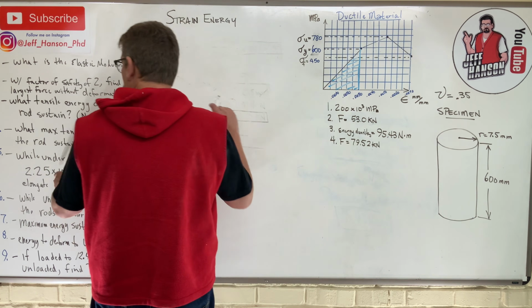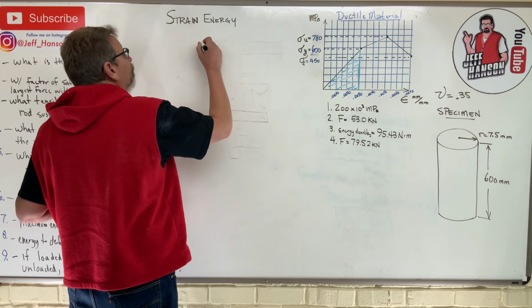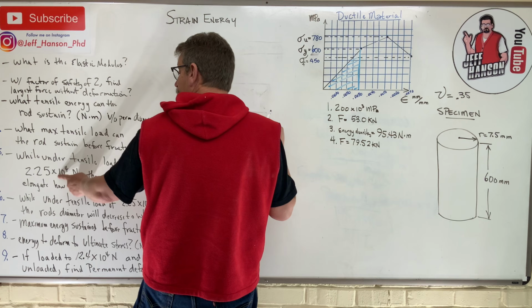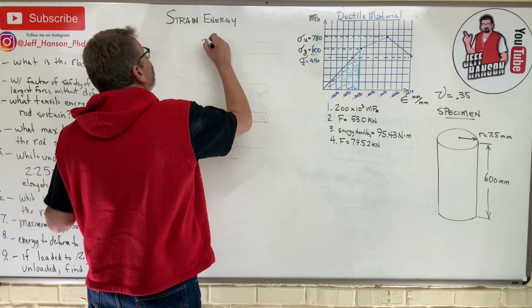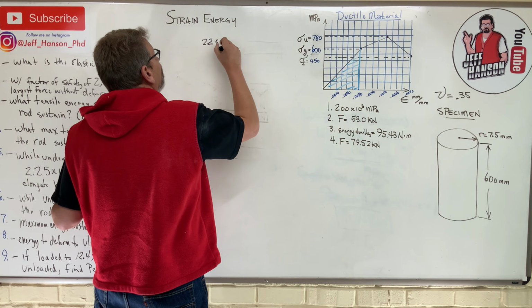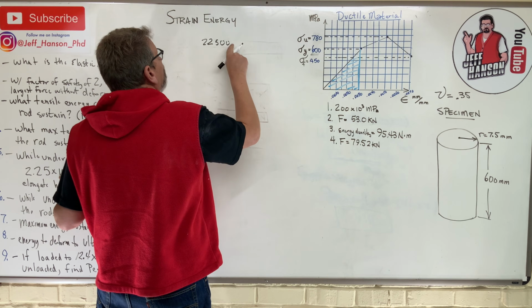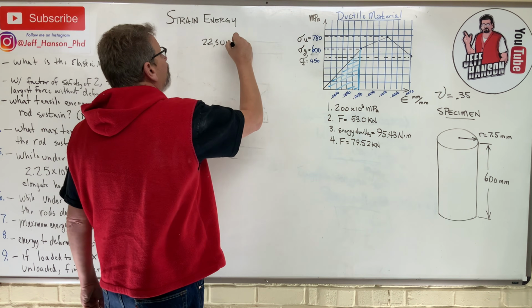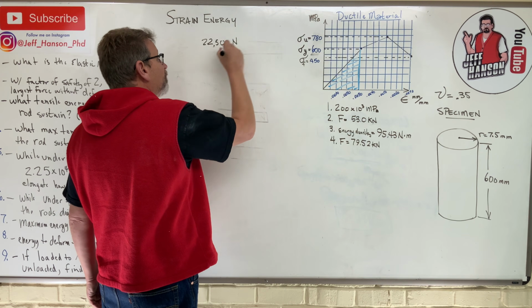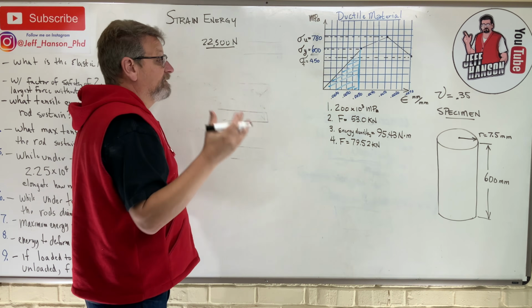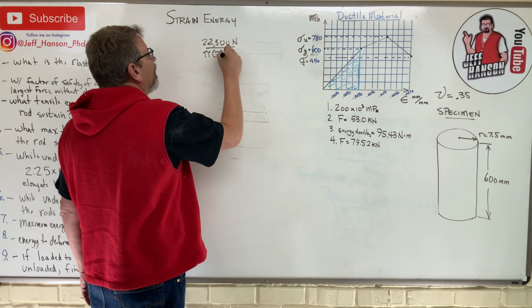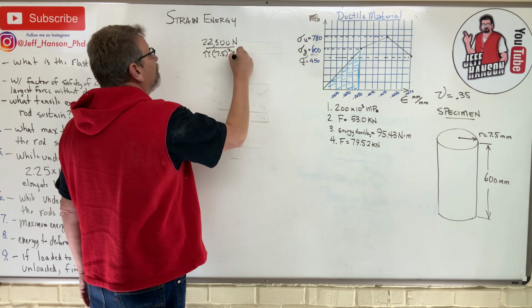Okay, so 2.25 times 10 to the 4th newtons. I'm just going to move the decimal over 4 places, right? 1, 2, 3, 4. Okay, so 22,500 newtons divided by the area, which is pi times 7.5 squared. That's millimeters squared.